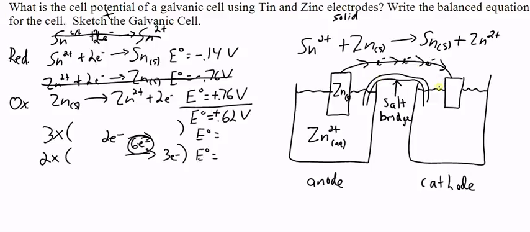So continuing on, taking a look at the cathode, we've established that the reduction reaction is going to be the one that takes on electrons. So that would be the best fit for the cathode. And so what we see here is that according to the reduction half reaction, tin solid is going to be the electrode, and tin 2+ ions are going to be in solution.